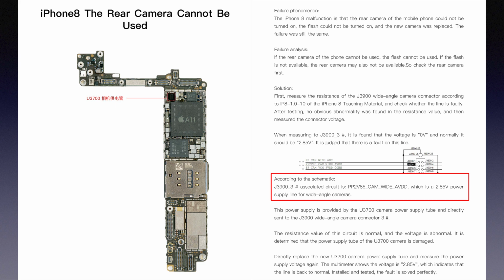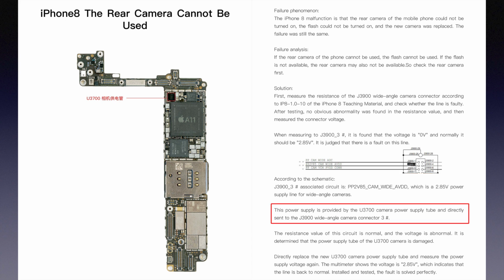According to the drawing, pin 3 of J3900 associated circuit is PP2V85_CAM_WIDE_AVDD, which is a 2.85 volt power supply line for wide-angle cameras. This power supply is provided by the U3700 camera power supply and directly sent to the J3900 wide-angle camera connector pin 3.